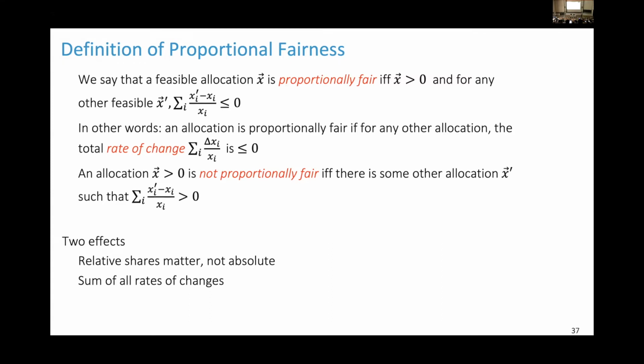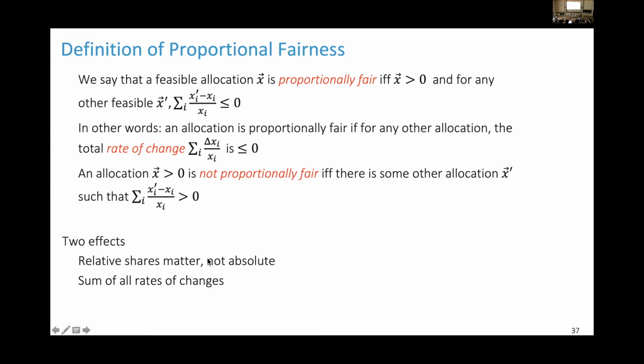If for any choices of X prime, this total rate of change is a negative thing, we say that it is proportionally fair. In other words, if there exists another allocation X prime, where this total rate of change is positive, this means that our allocation is not proportionally fair. We should take X prime, for example. We should move toward that X prime.